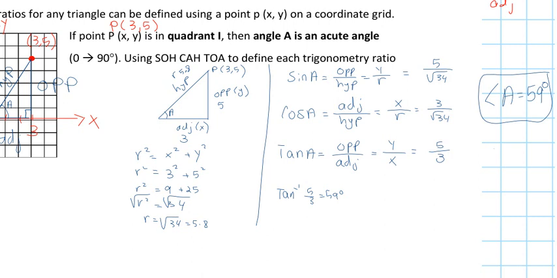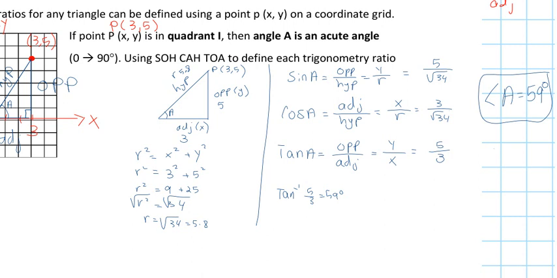Because x and y are already given to me. I didn't have to look for anything else. So I know that I haven't made any mistakes, right? Because sometimes when you're finding odd, you might make a mistake. You might do minus instead of plus, or you might forget the square root, or you might forget to square. I don't know, right? So if you want to check your work, this is where you're going to check your work.